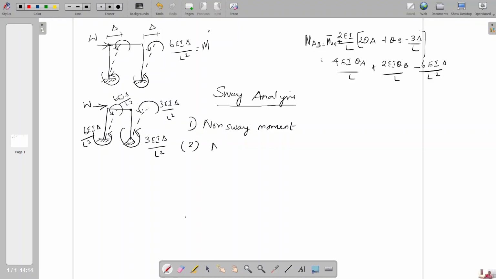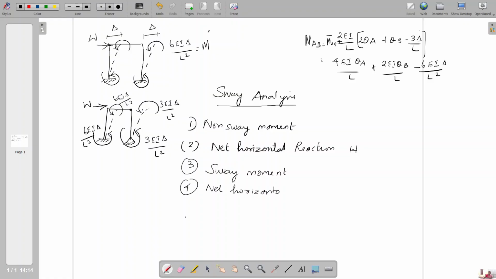Second one, net horizontal reaction, you can indicate as H. Third one, sway moment calculation. Fourth one, net horizontal reaction due to sway, that is H dash.